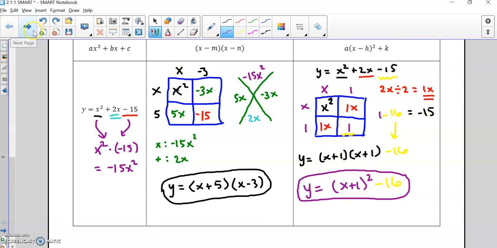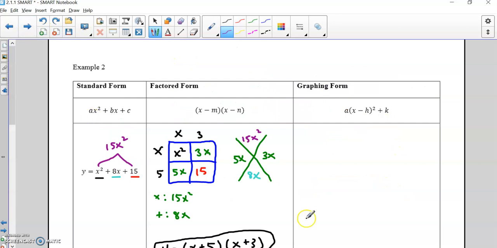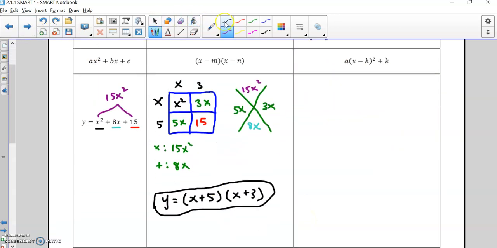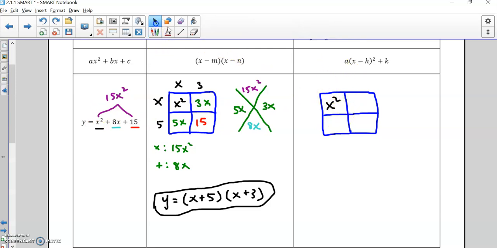Let's do one more example. Alright, so we will start by making the box again. Okay, and our setup. So the first top left box is going to be x squared because that's what our first term is. And I forgot to move it down.